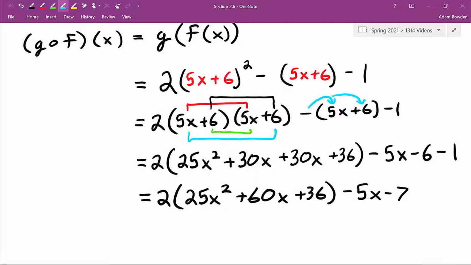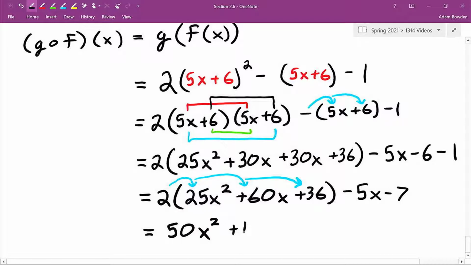And now at this point, there's a 2 still out there in front of the parentheses. That'll go ahead and multiply everything that I have there in the parentheses. So it'll turn into 50x squared plus 120x plus 72 minus 5x minus 7.